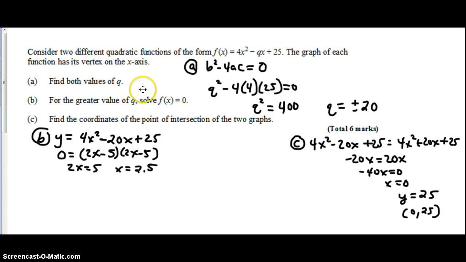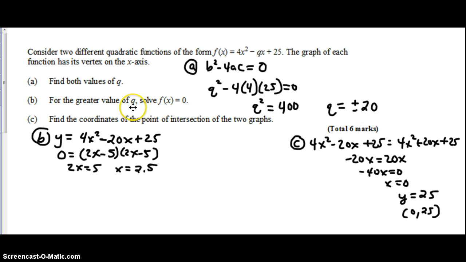Okay, so for the first question, it says that the vertex is on the x-axis, so you have to realize that means the discriminant is 0. It's a double root. So you set the discriminant equal to 0, and you solve for q, and q is positive 20 or negative 20, the two values.